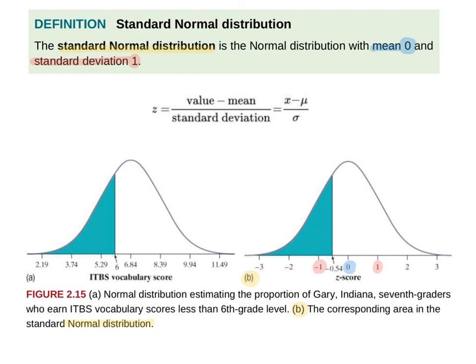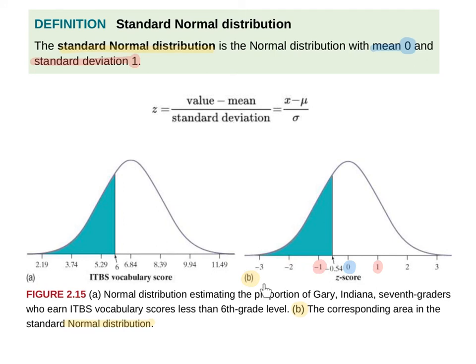How do we do that? Z-scores. So if you remember back to when we talked about z-scores, that equation was we take whatever value it was, because z-score was about an individual data point. So we would take that value, subtract the mean, divide by the standard deviation. There's its z-score. We talked about percentiles, all that good stuff. So if I took those vocab test scores from Gary, Indiana, and that beautiful, lovely normal curve, and we took all of these values that were down here on this axis, so if we took 2 and 3, etc., and we took all of their z-scores, depending on the data with its mean and standard deviation, you would get these numbers over here.